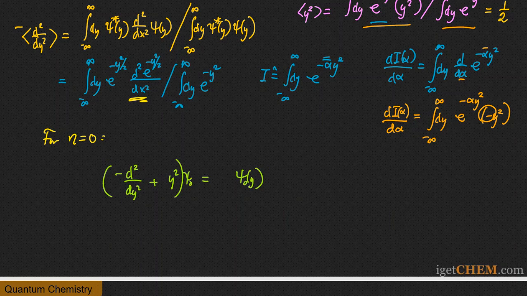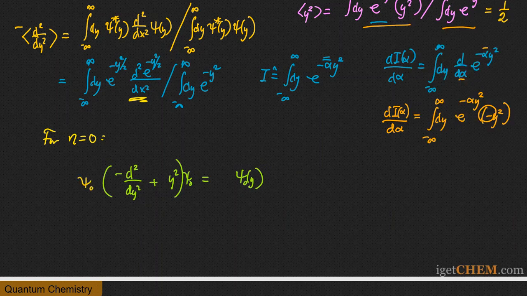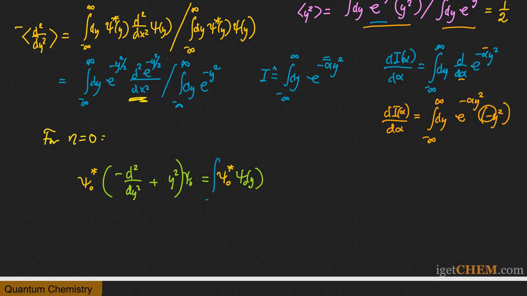So what you can then see is I can multiply on both sides of this equation by another psi, or psi star. And now I can integrate that over all values of y, dy.